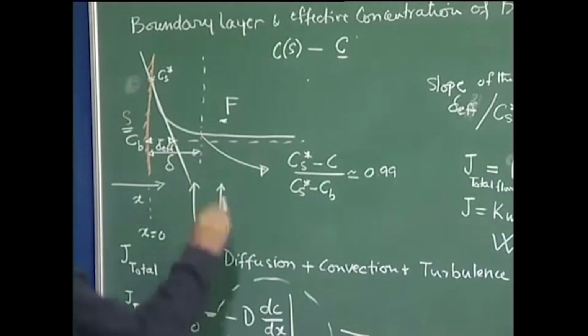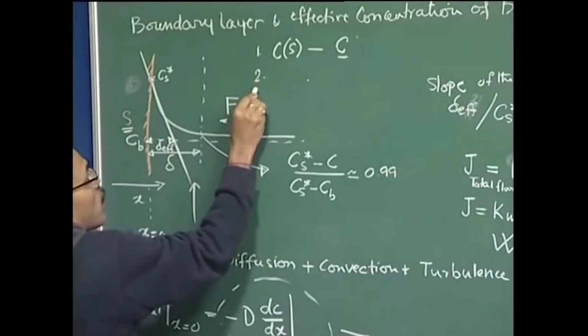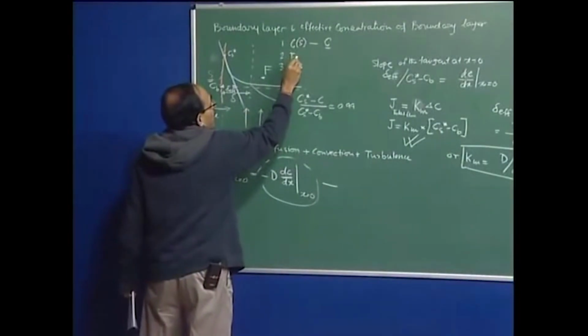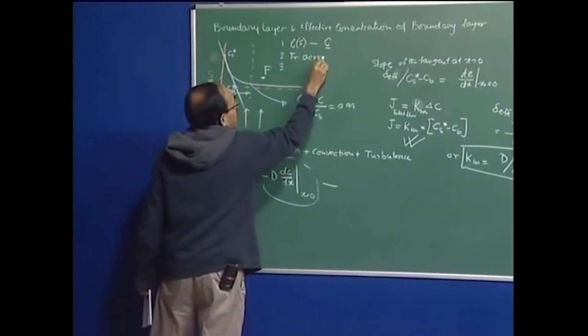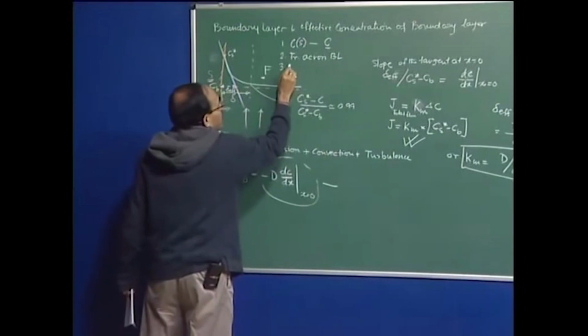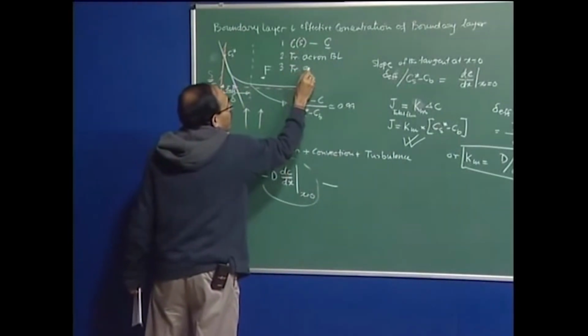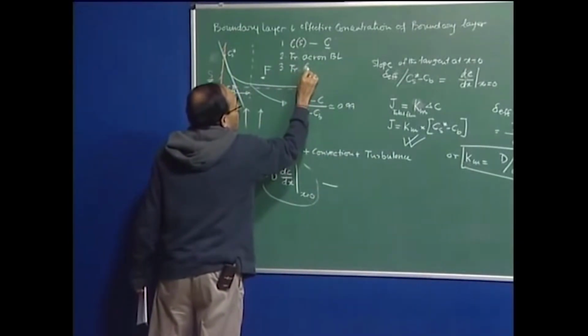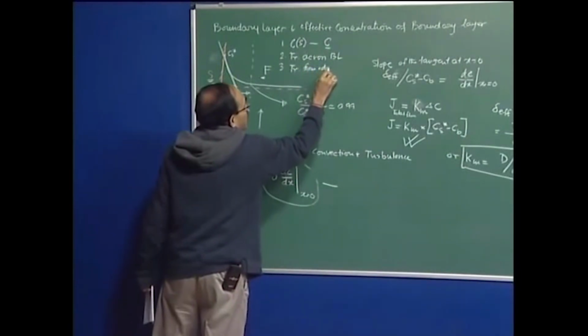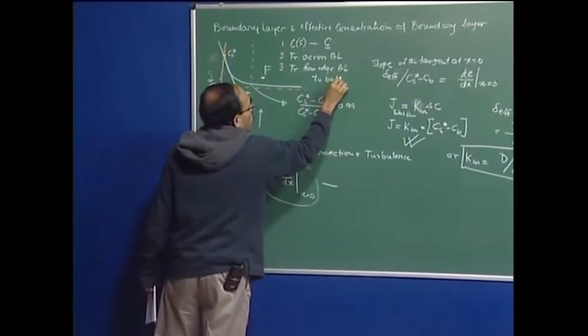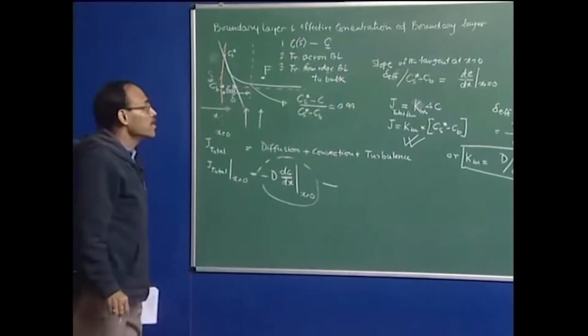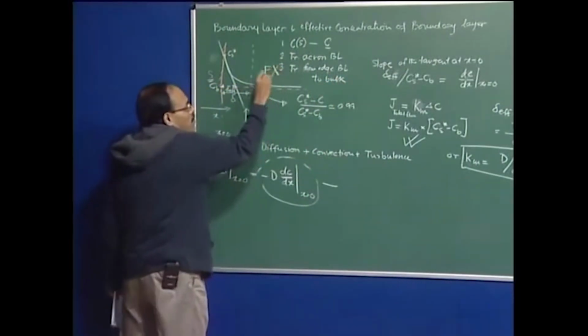And then number 2 is the mass transport across the boundary layer, then number 3 is transport from the edge of the boundary layer, BL, to the bulk. This step can be assumed to be very fast.